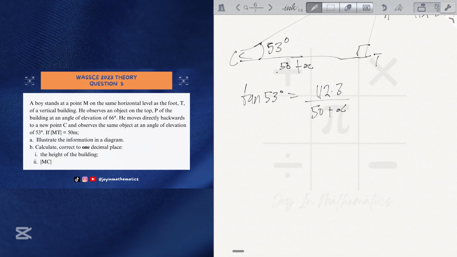From our calculator, tan 53 degrees is 1.3270. Cross multiply it with 50 plus X to be equal to 112.3.